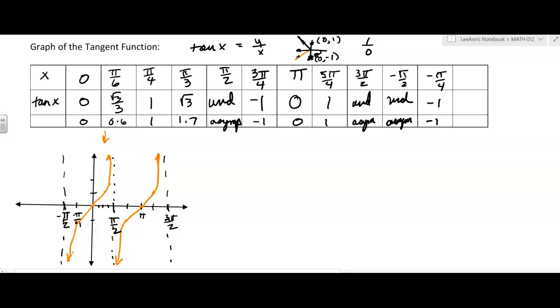What I usually try to remember is that for tangent, for one function, I go from negative pi over 2 to pi over 2. It straddles the y-axis. That's easier for me to remember to do it that way. And remember, this continues. So there's another curve and an asymptote and another curve and an asymptote. And it goes in both directions.